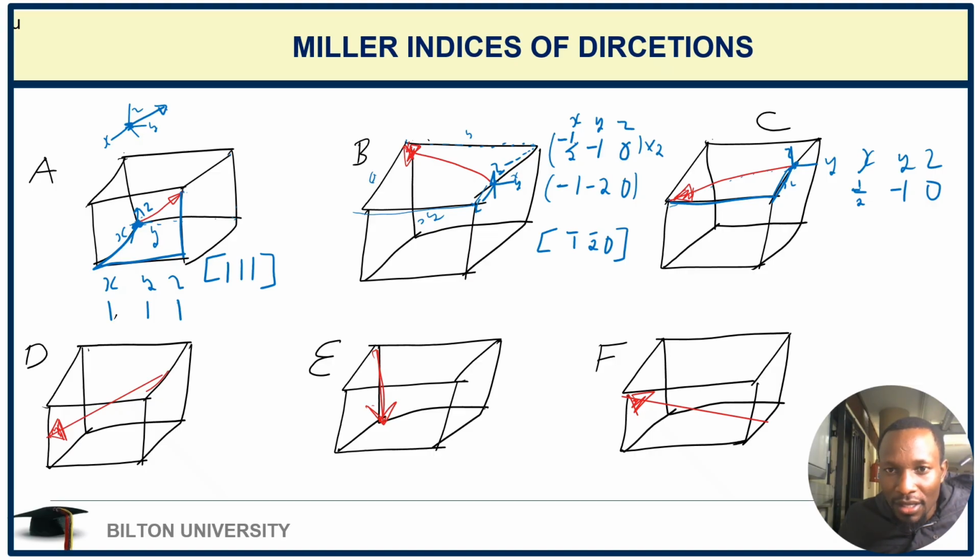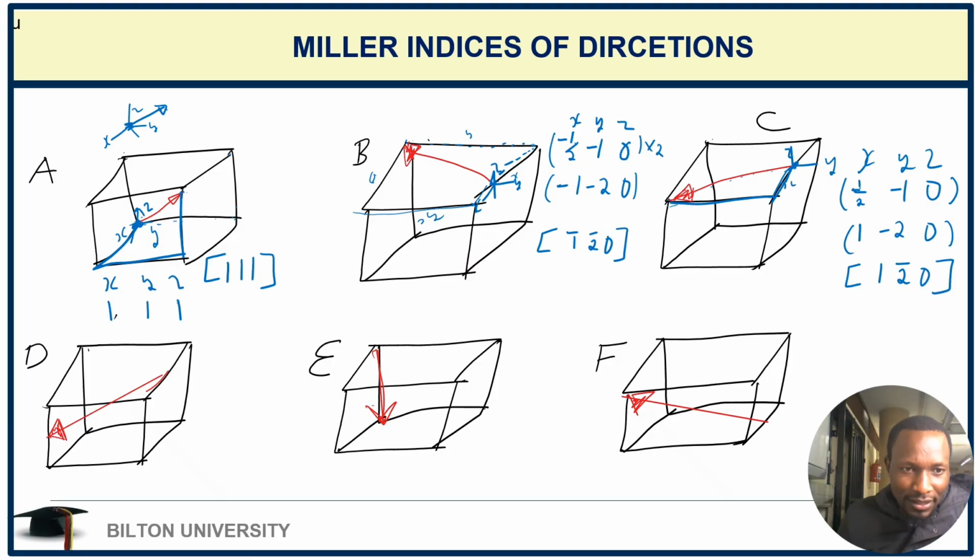Just like we did for B, we multiply by 2, the common factor, to eliminate the fraction, and we have 1, minus 2, 0. We close the bracket, and we have 1, bar 2, 0. So in this case, C is almost like B. C and B are almost similar, but the difference is the direction. Okay, so let's look at D.